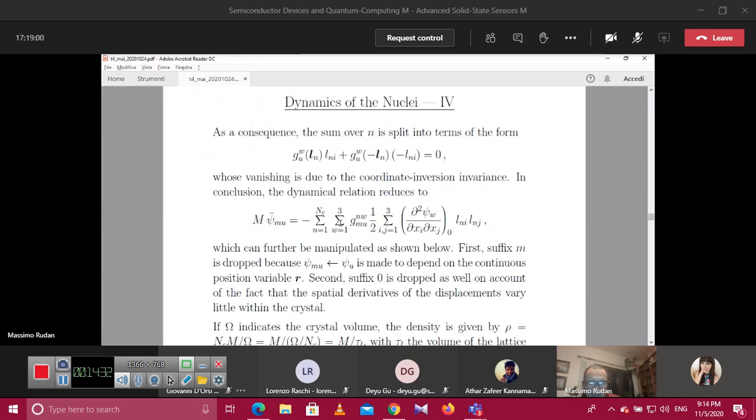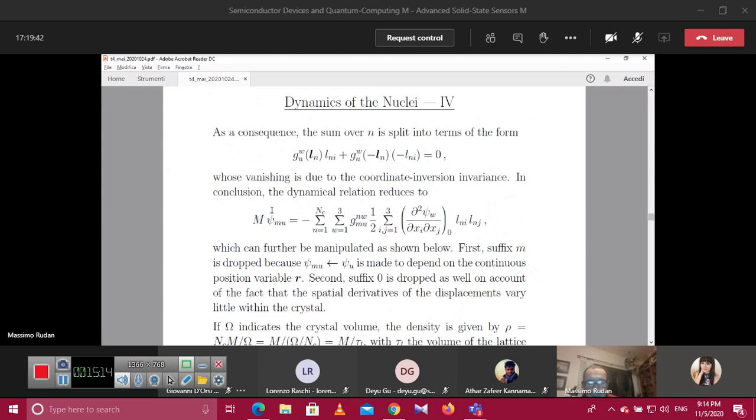At this point, we drop the index of the cell. Why? Because since the behavior of one cell differs very little from the behavior, the displacement, of the neighboring cell, we can think of the material, instead of being described by a discrete set of vectors, that is L, we describe it by a continuous coordinate.